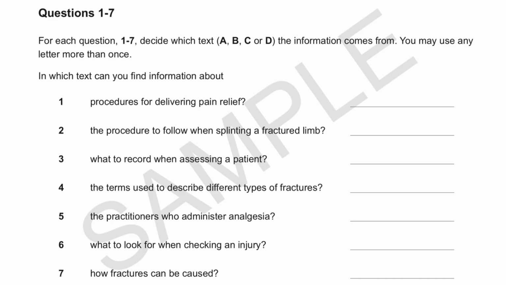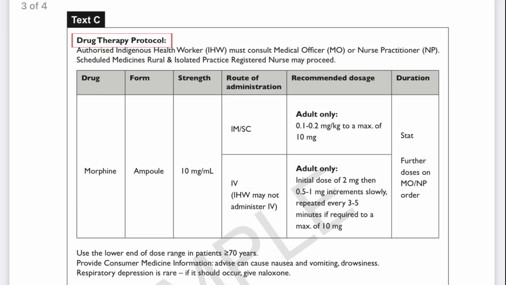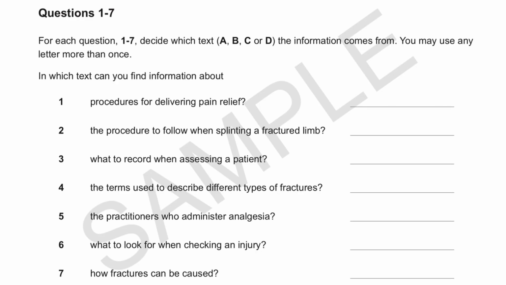Number 5, practitioners who administer analgesia. So keyword is analgesia. So when you look at the extracts, you know that analgesia can be seen in text C, which is drug therapy protocol.